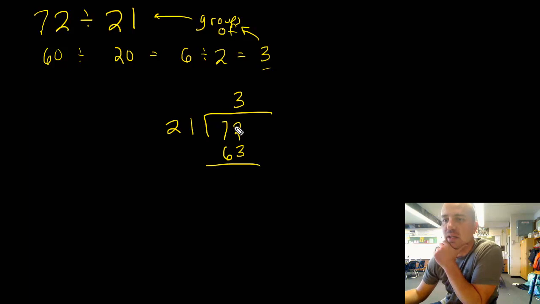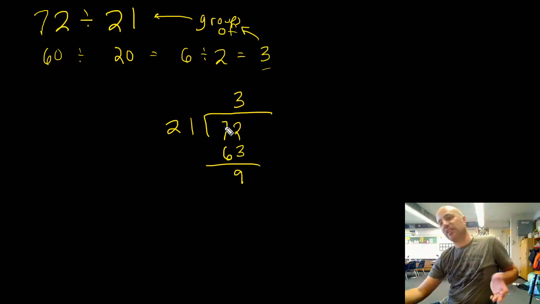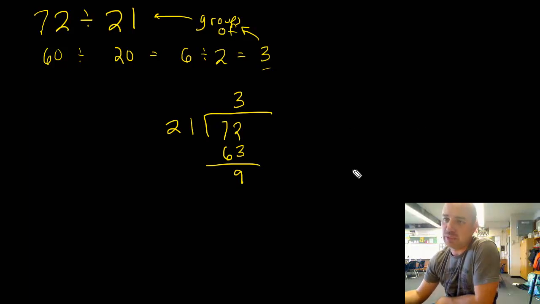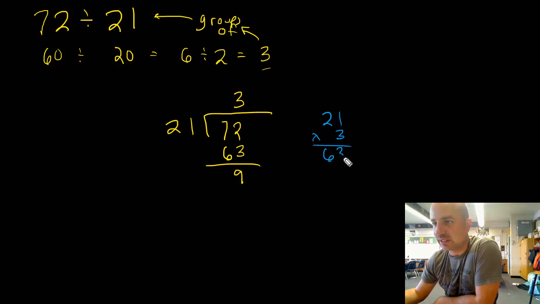And I find that I have 9 remaining. That 9 represents that I put 72 into 3 groups and had 9 left over. Because I always want to check it, I'm going to do 21 multiplied by 3, which gets me 63, and 63 plus 9 brings me back up to 72.